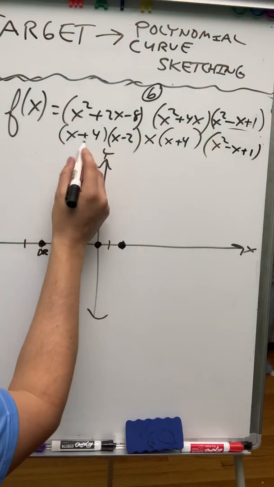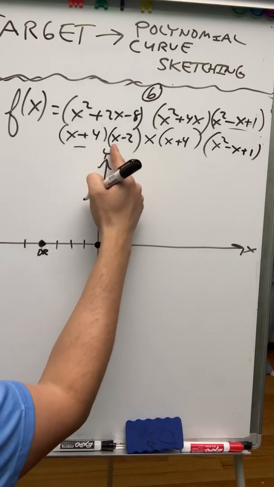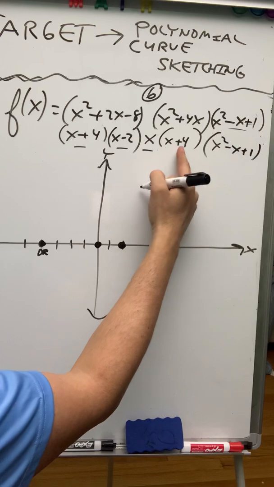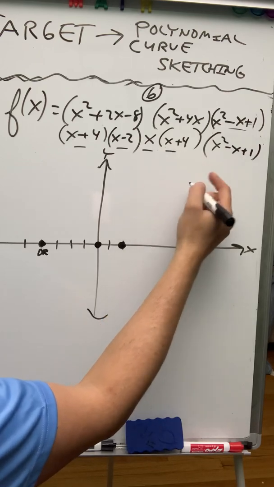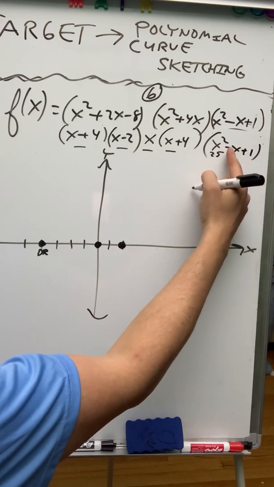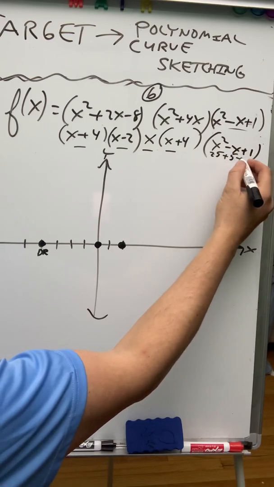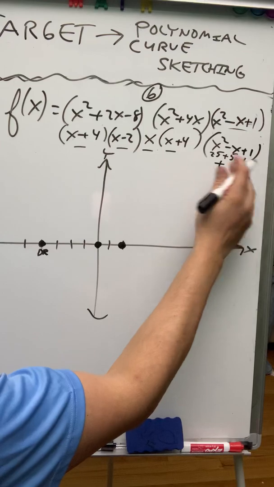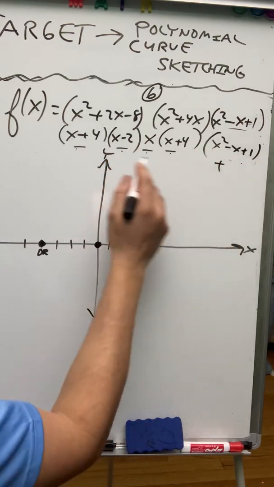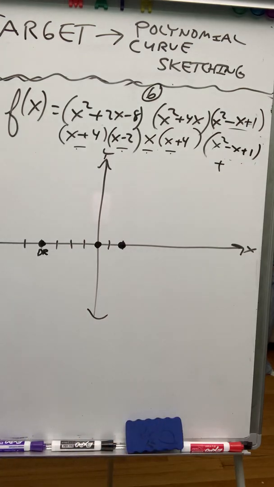So if I punch in a negative 5 here, I get a negative. If I punch in a negative 5 here, I get a negative. If I punch in a negative 5 there, I get a negative. If I punch in a negative 5 here, I get a negative. Negative 5 squared is 25, and then negative negative 5 is positive 5, and then plus 1, that's going to be positive. So I have a negative, a negative, a negative, a negative, and a positive. That's 4 negatives, which is even. So that means it's going to be positive.